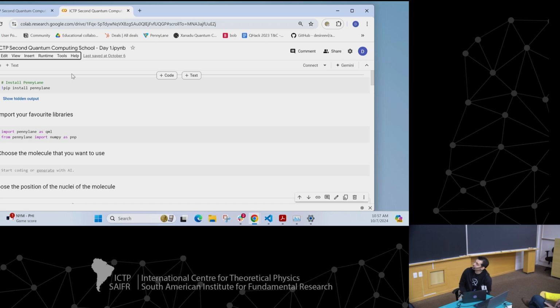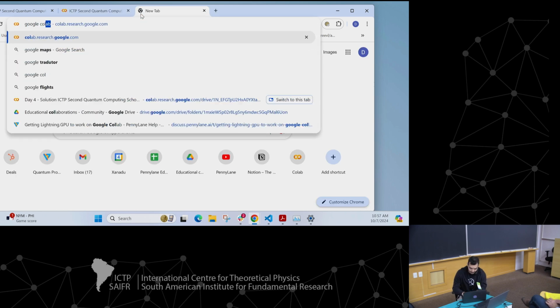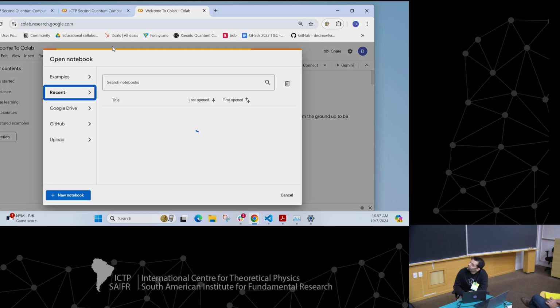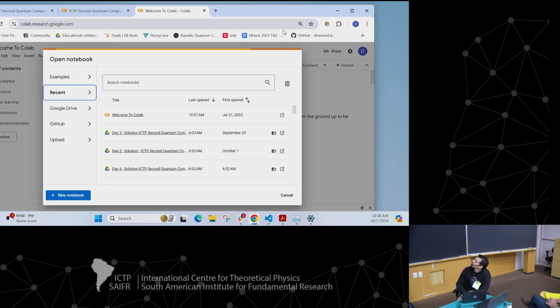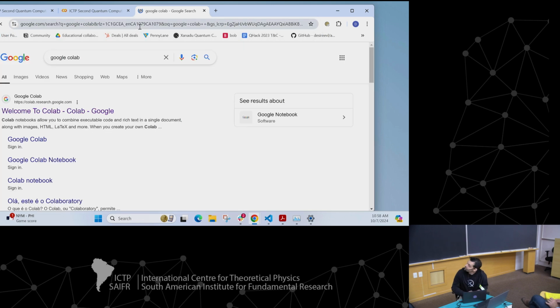If you've never used Google Colab, you can look for it. You should get something that looks like this.